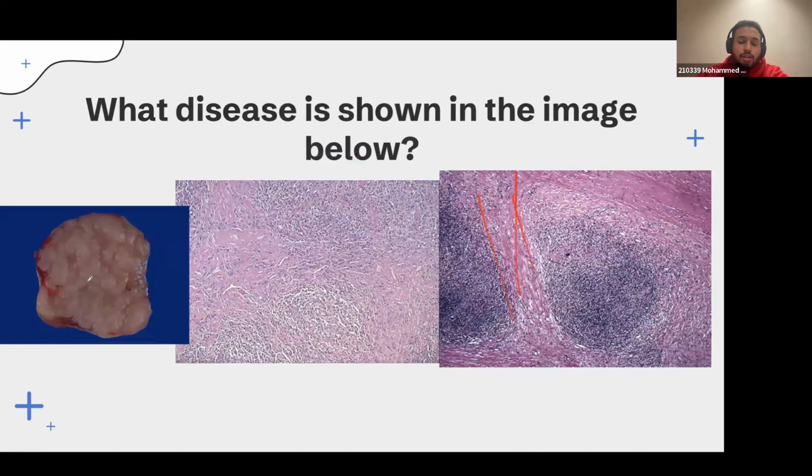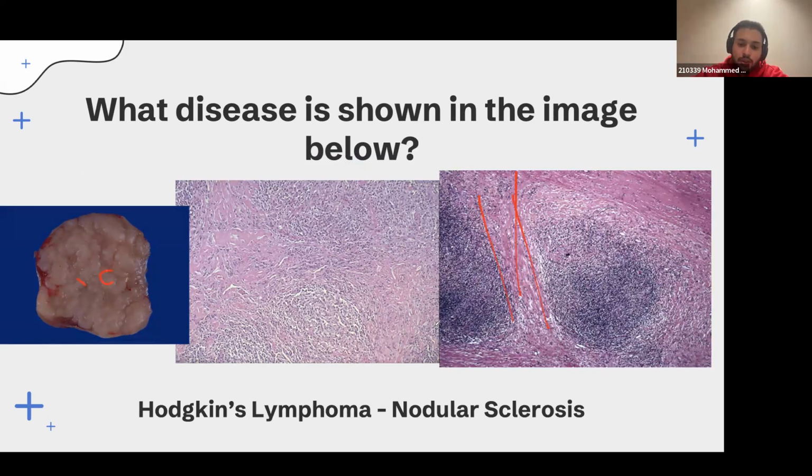This is nodular sclerosis, and it is most likely seen in females. Okay. Next one. What's the subtype here? First, you can tell that this is a Reed-Sternberg cell. Now, what's around it?